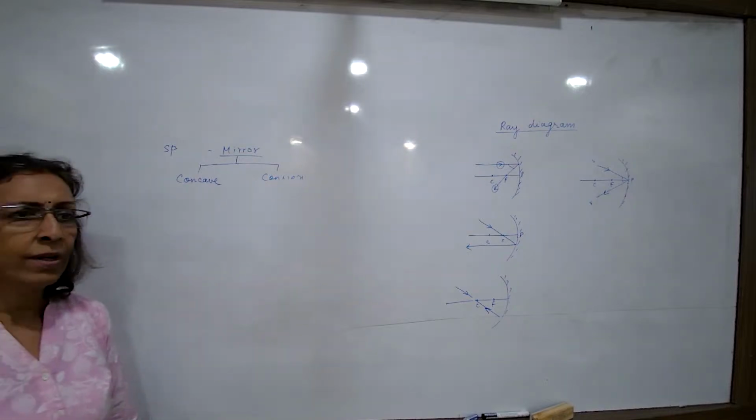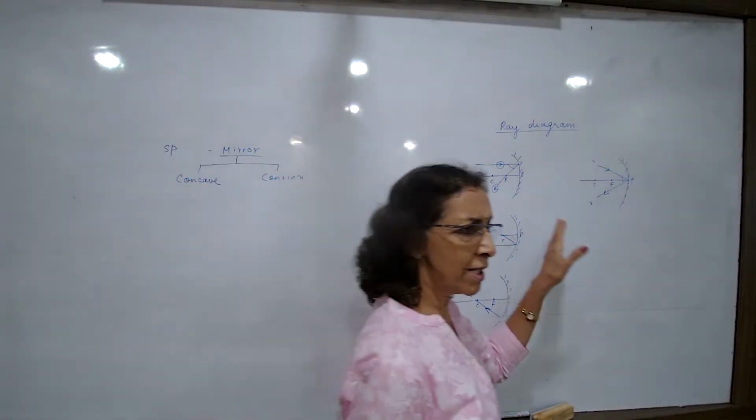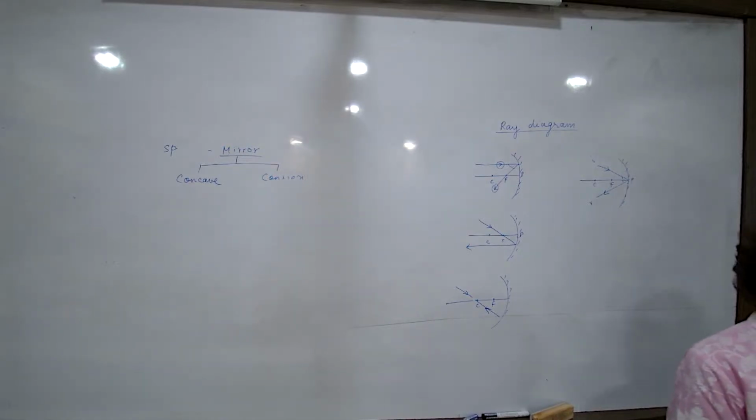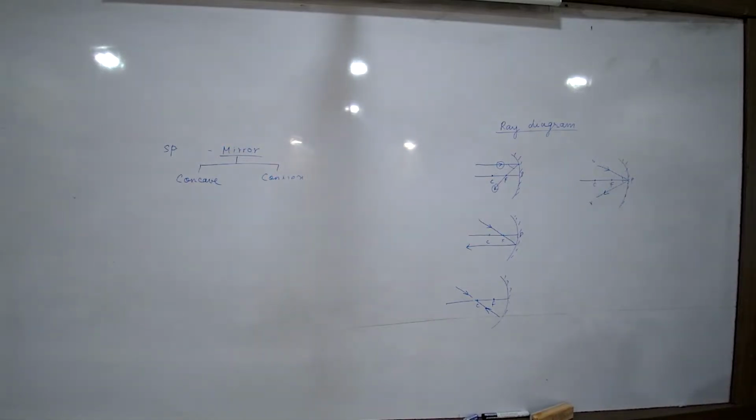But we know that whether it is in a plane mirror or in a spherical mirror, the laws of reflection are followed. Correct? See that last line there. Remember that in all the above cases, the laws of reflection are followed. Put a Q there so that you remember it can be asked as a question.